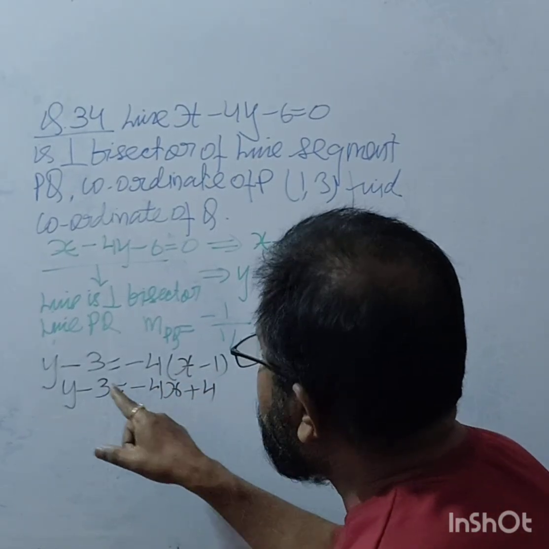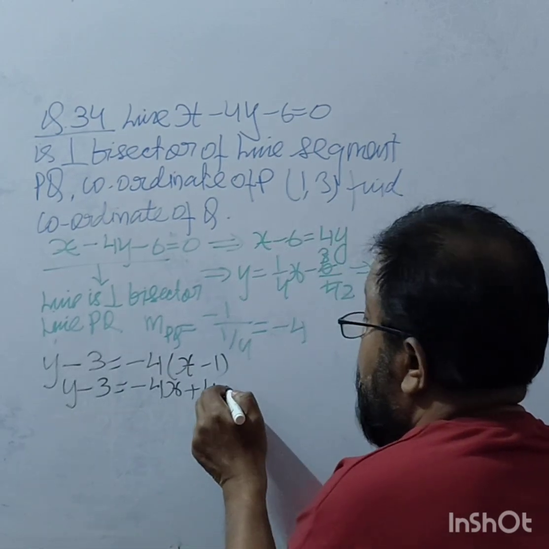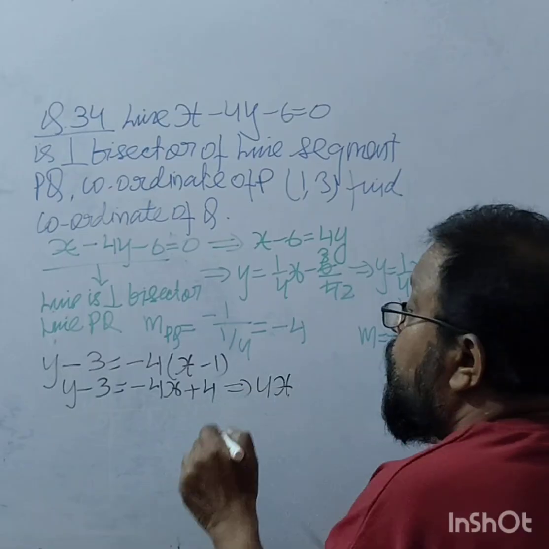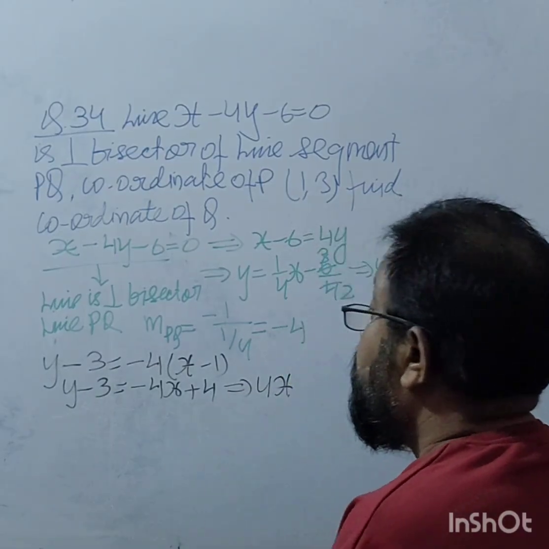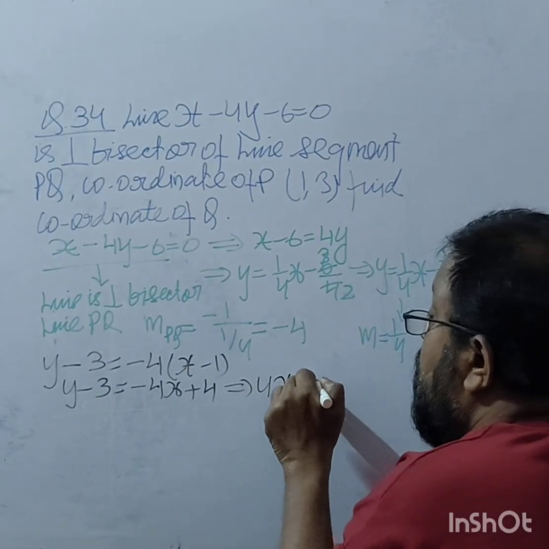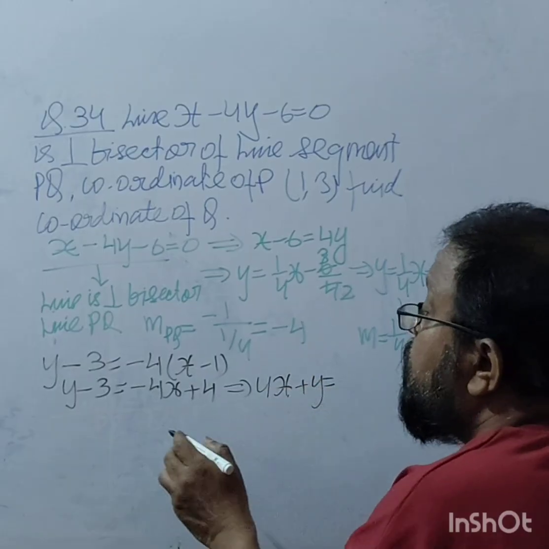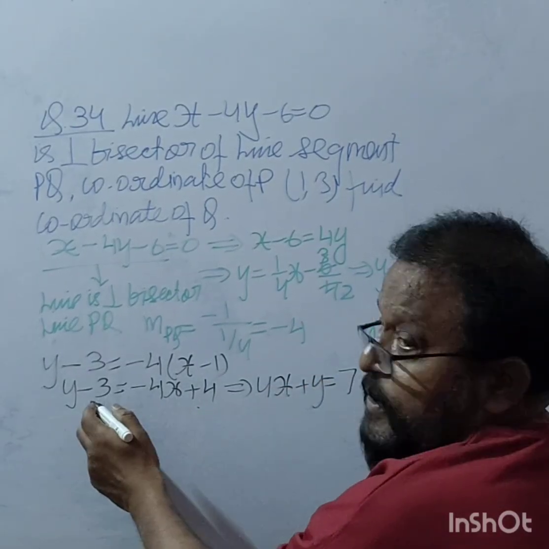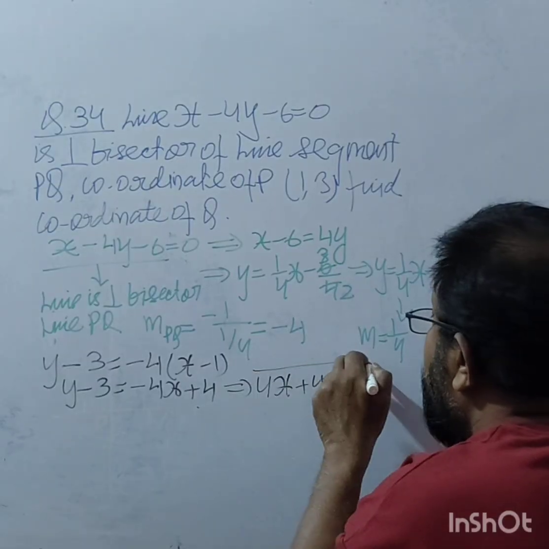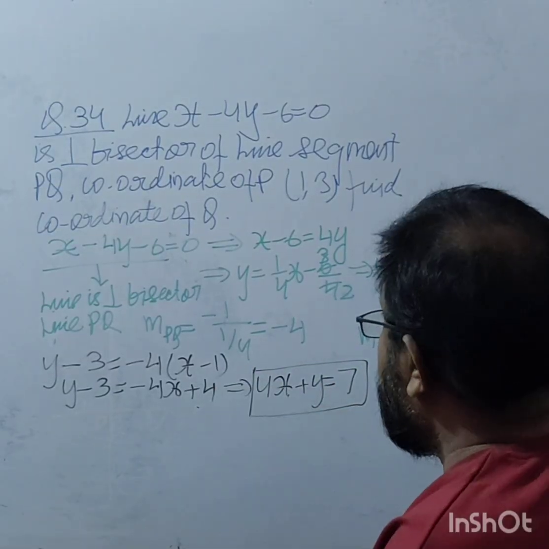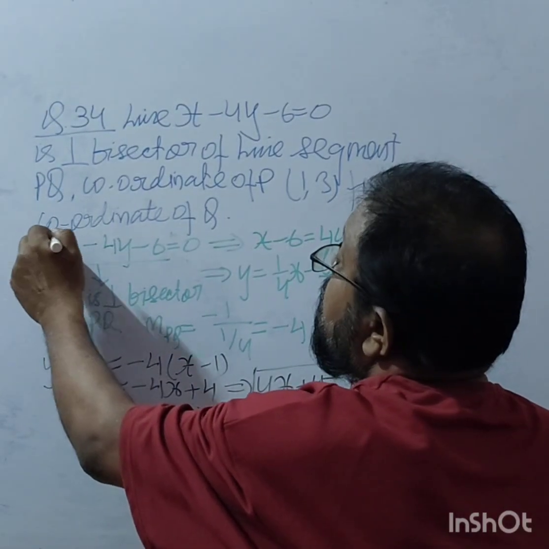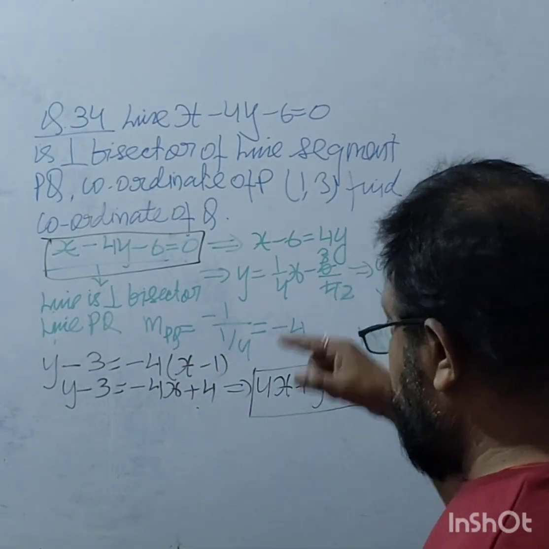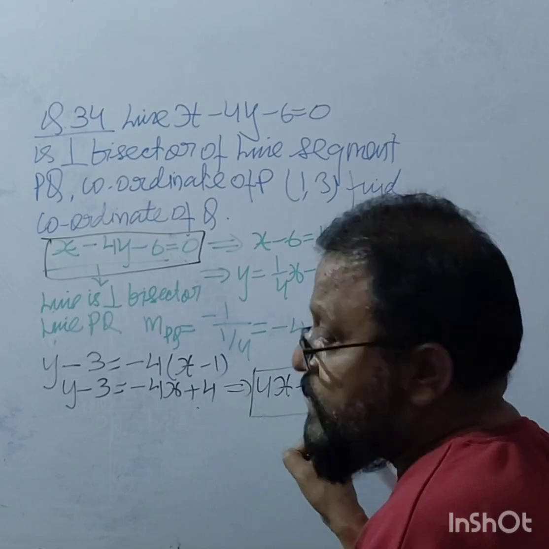So you bring it on the other side, so it becomes 4x plus y is equal to 7. 4 plus 3 becomes 7. So this is the second equation. This is equation number 1. This is equation number 2, right? Equation of line is this.